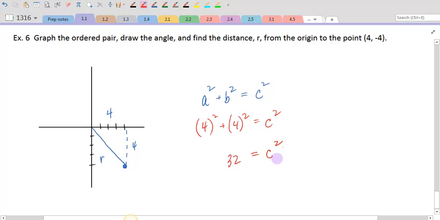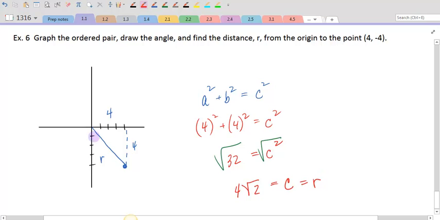And in order to solve for c squared, I've got to take the square root of both sides. And the square root of 32 is going to be 4 square roots of 2. That gives me c. So I know then, not just c, but that's really r.